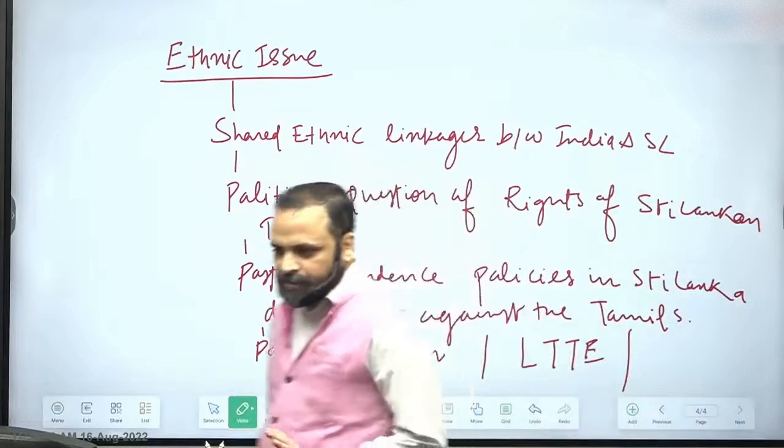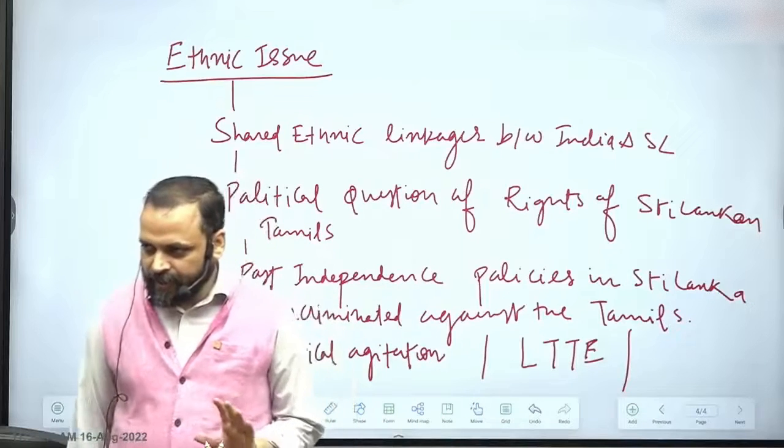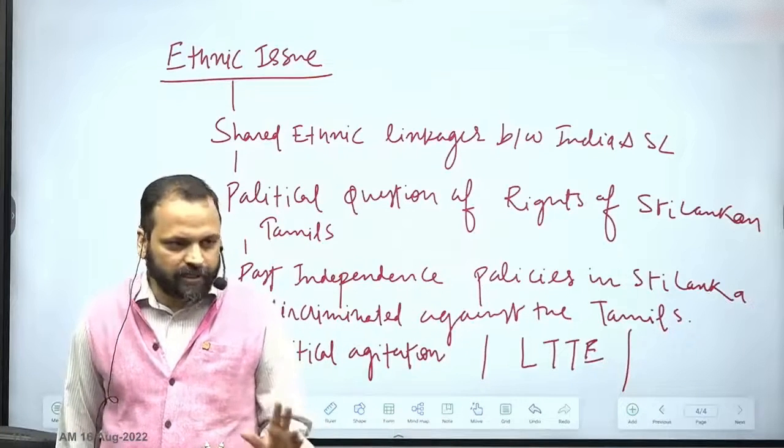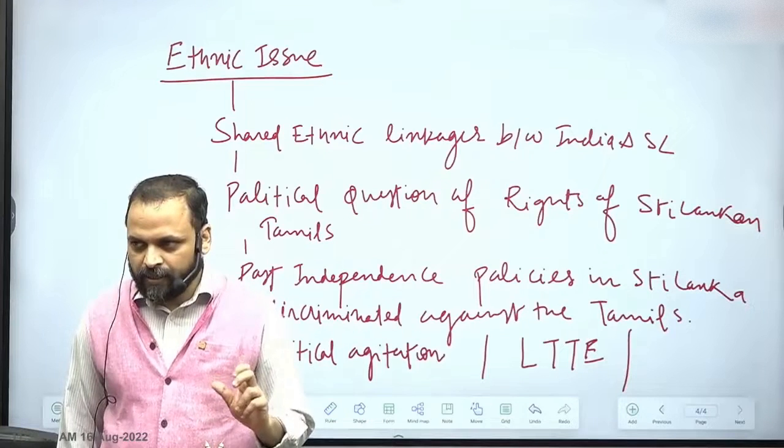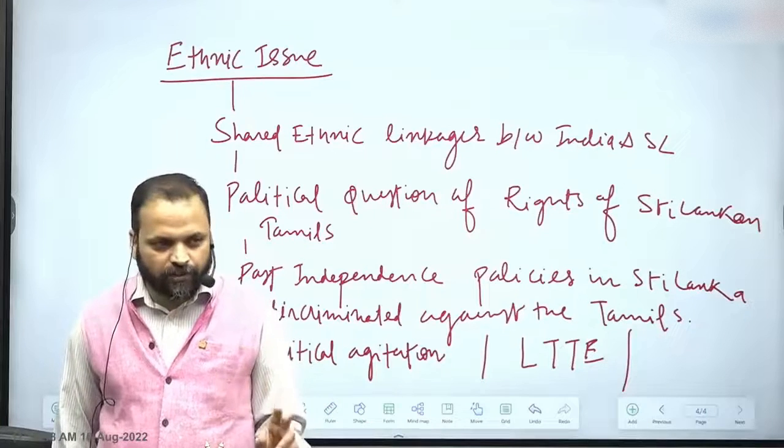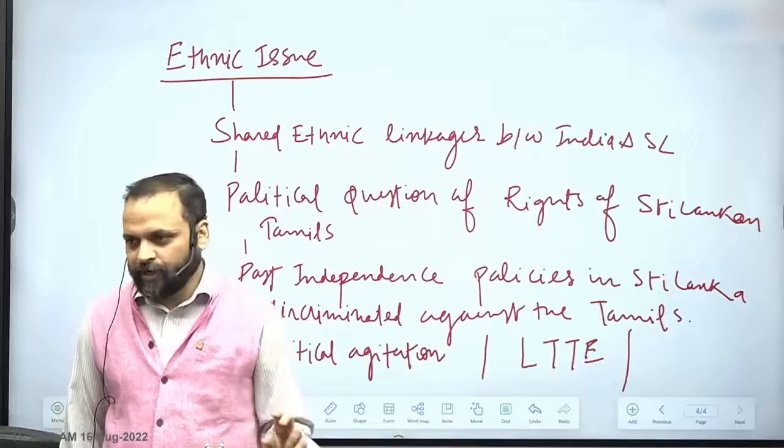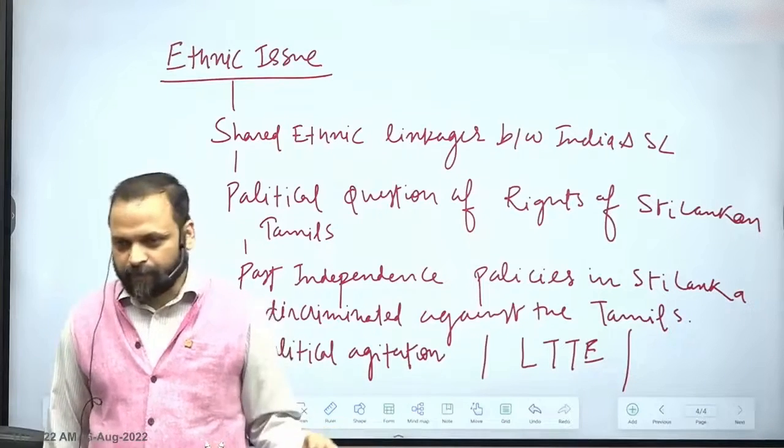Now, fundamentally India's preference is that no matter what, the territorial integrity and sovereignty of any country should not be questioned. So any solution which questions the sovereignty and territorial integrity of any country is not acceptable to India.